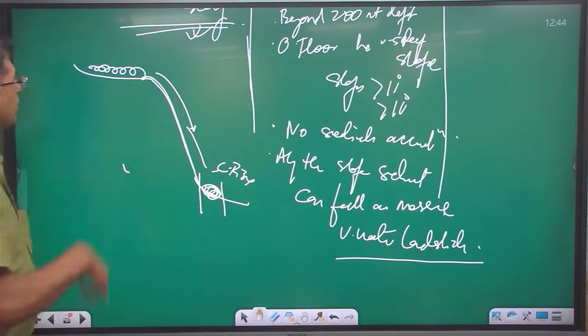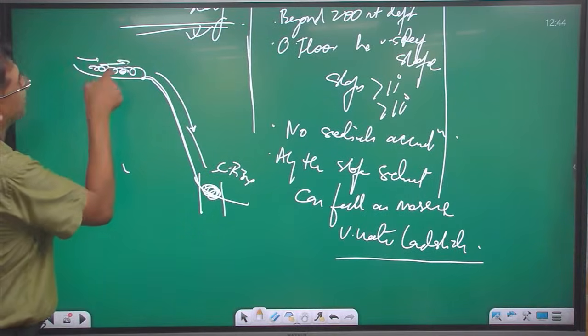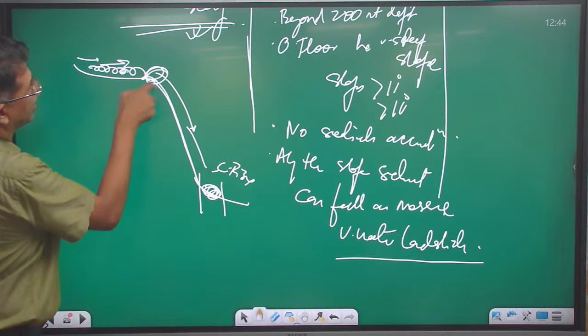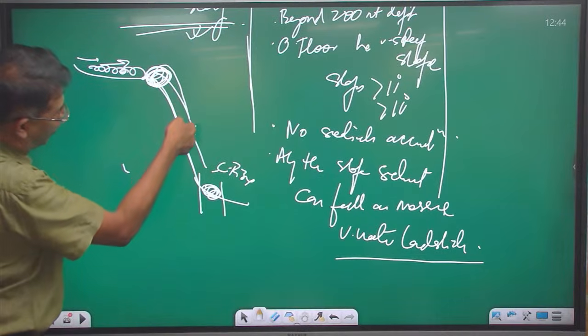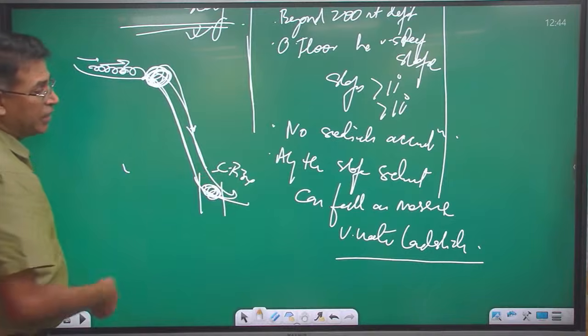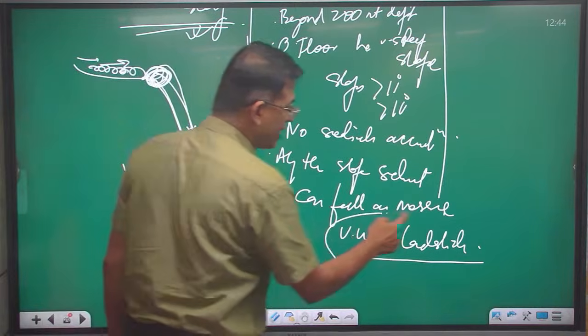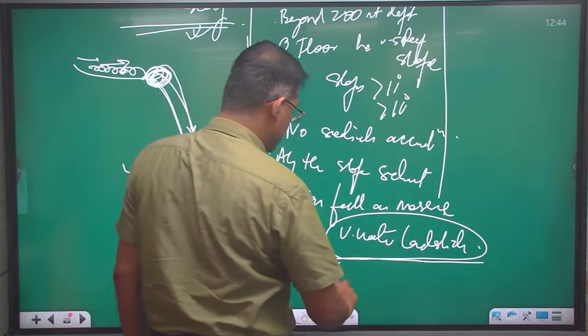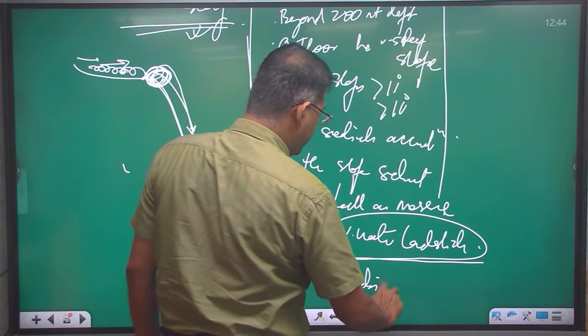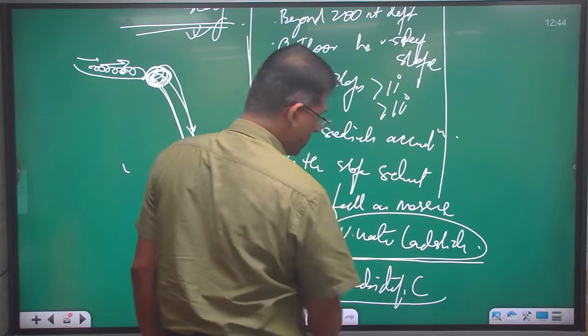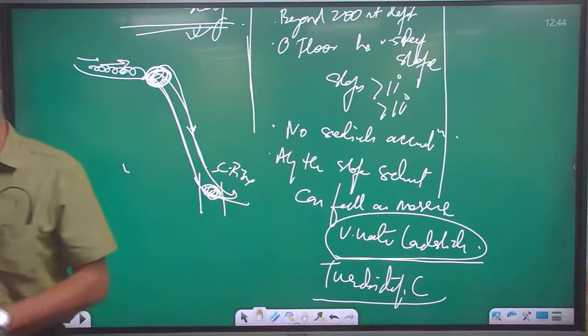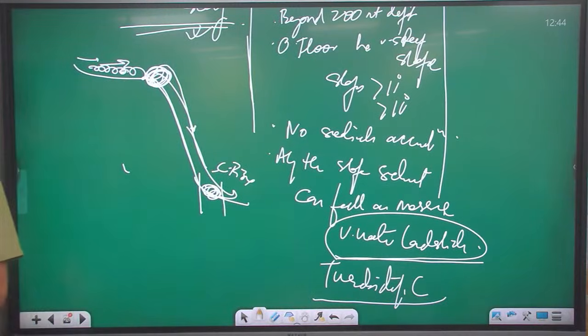Sediments are here, they get pushed at this edge, they accumulate and then fall down like a massive landslide. These massive underwater landslides along the continental slope are called turbidity currents.